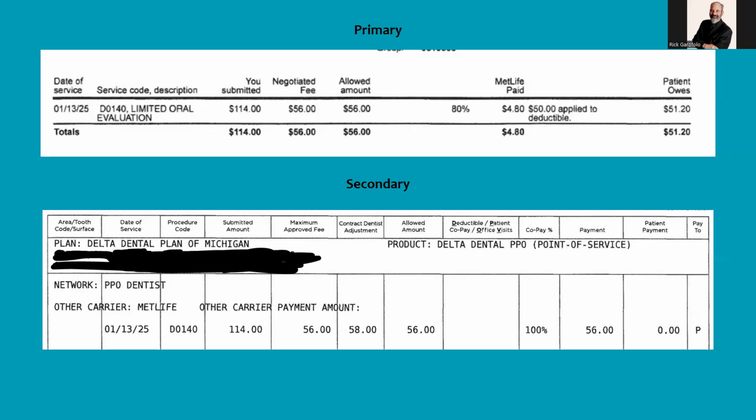What I will tell you is be very careful asking or trusting Google or Chat GPT or any of those. They're great for some things, but I see a lot of incorrect information on there. Just yesterday, somebody posted in the group about an office that was charging 24% interest on past due balances, but that practice was in Arizona.